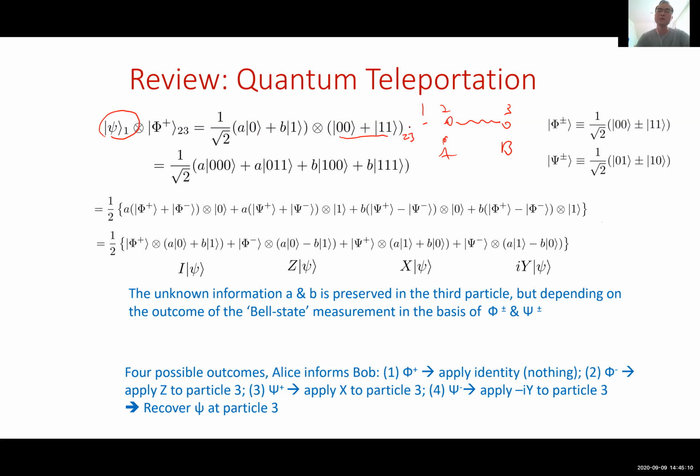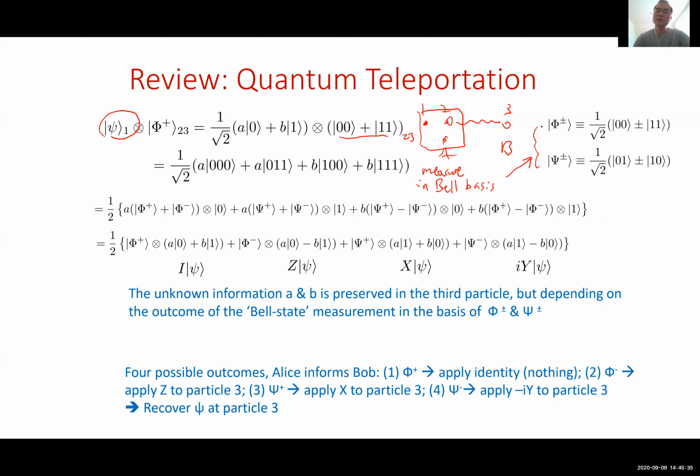And we talk about this, the scheme is that you perform a measurement. Measure 1 and 2 in the so-called Bell basis, which are basically this basis states defined by the four states listed here.